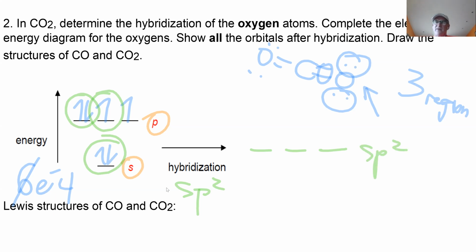Do I have any other orbitals left? Remember that your total number of orbitals has to stay the same before and after hybridization. So do I have any orbitals left over? The p orbital. How many p orbitals? 1.